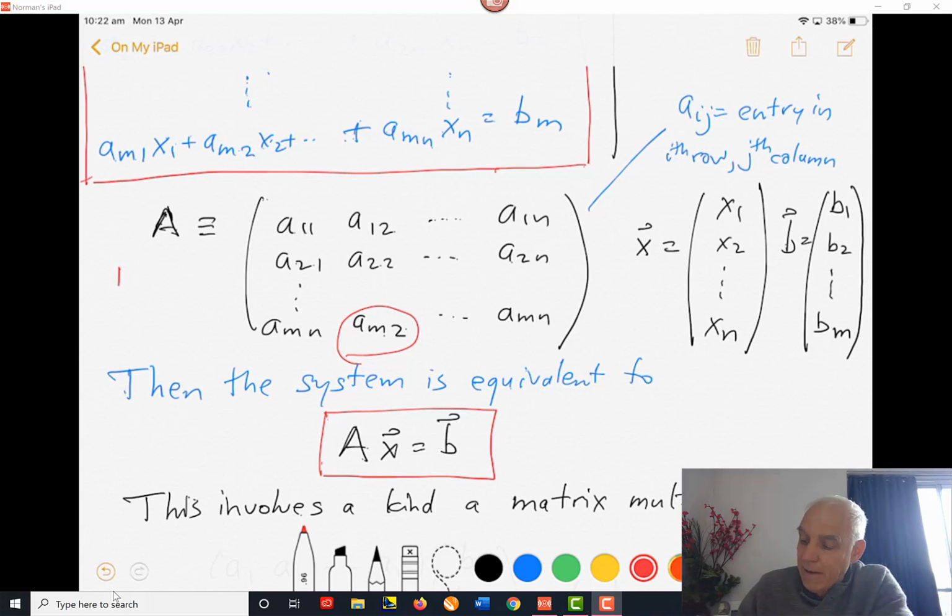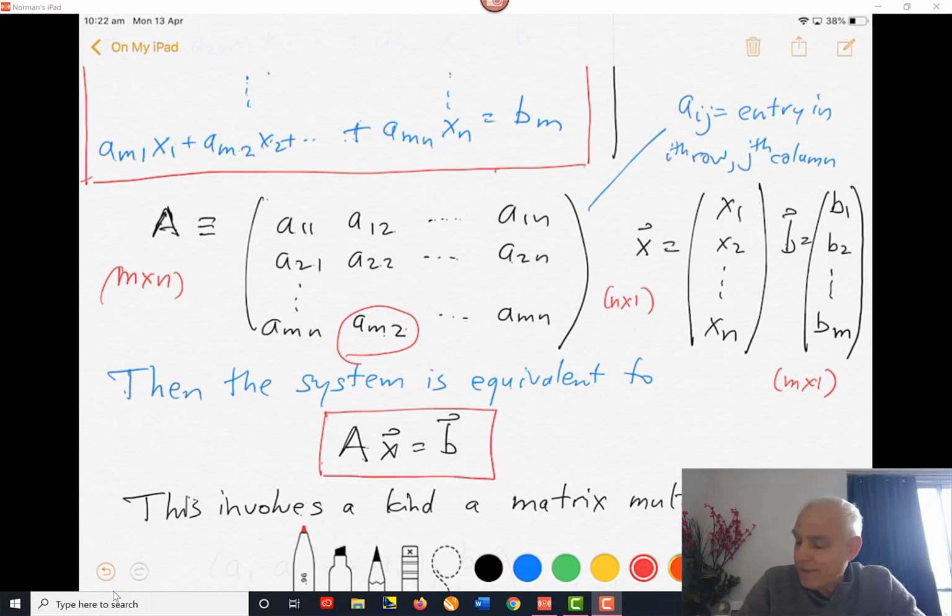A is an m by n matrix, x is an n by 1 matrix or vector, and b is an m by 1 matrix or vector. Then the whole system is equivalent to the single matrix equation A times x equals b.